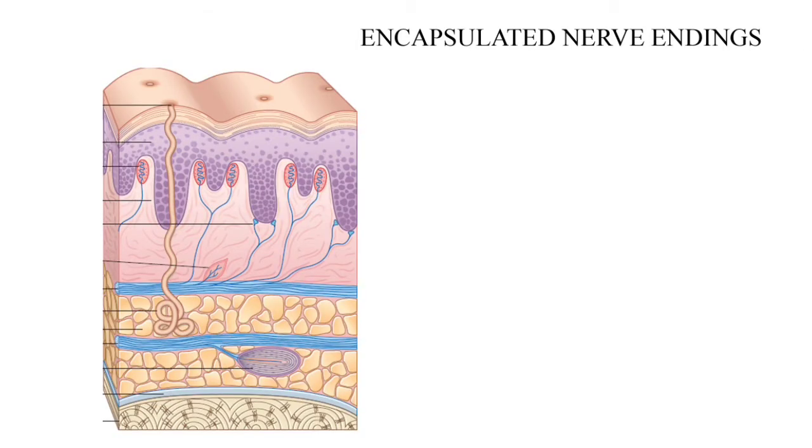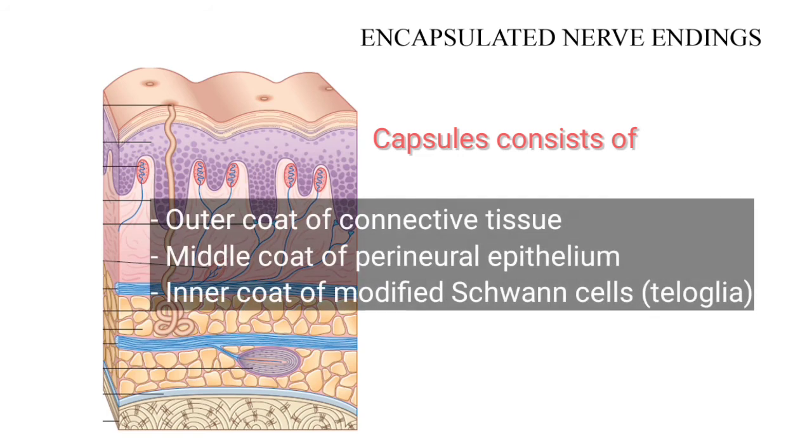The fourth type of nerve ending will be the encapsulated nerve endings. The capsules of the three nerve endings to be described comprise an outer coat of connective tissue, a middle coat of perineural epithelium, and an inner coat of modified Schwann cells or teloglia.